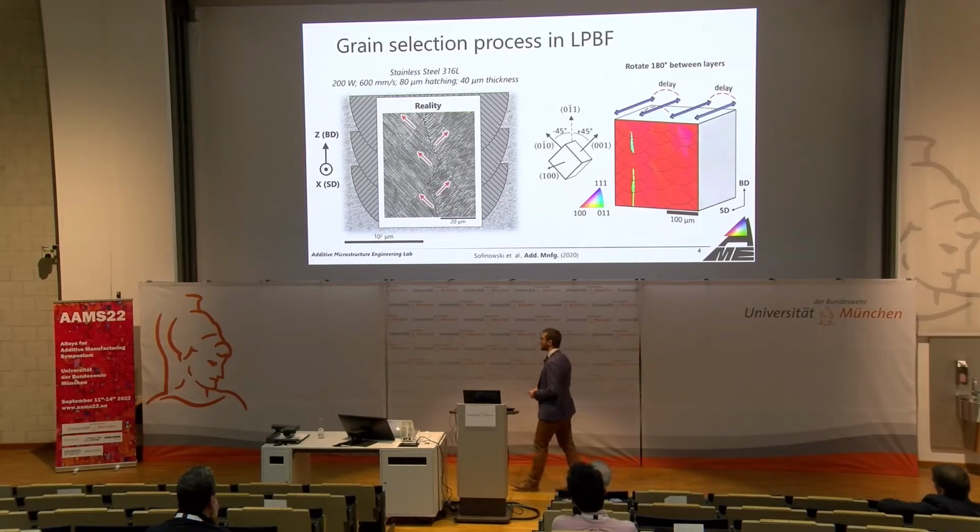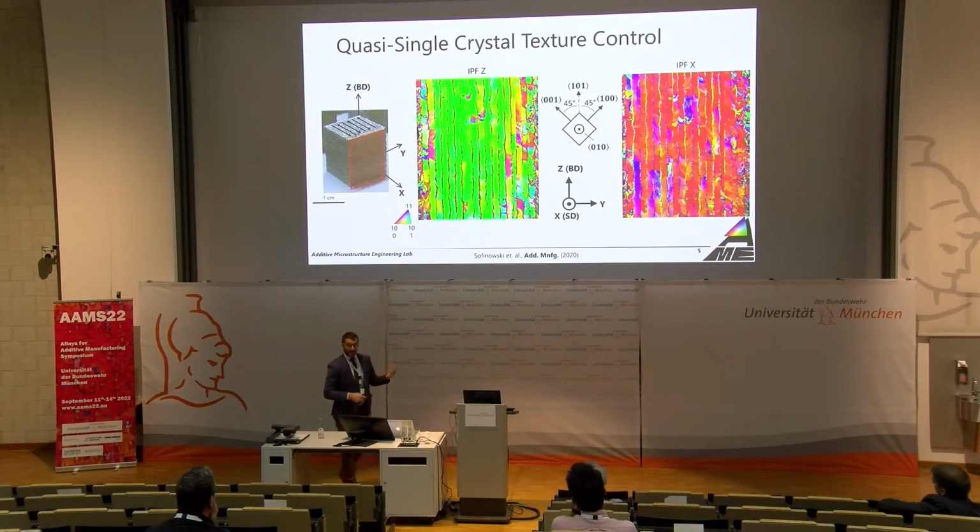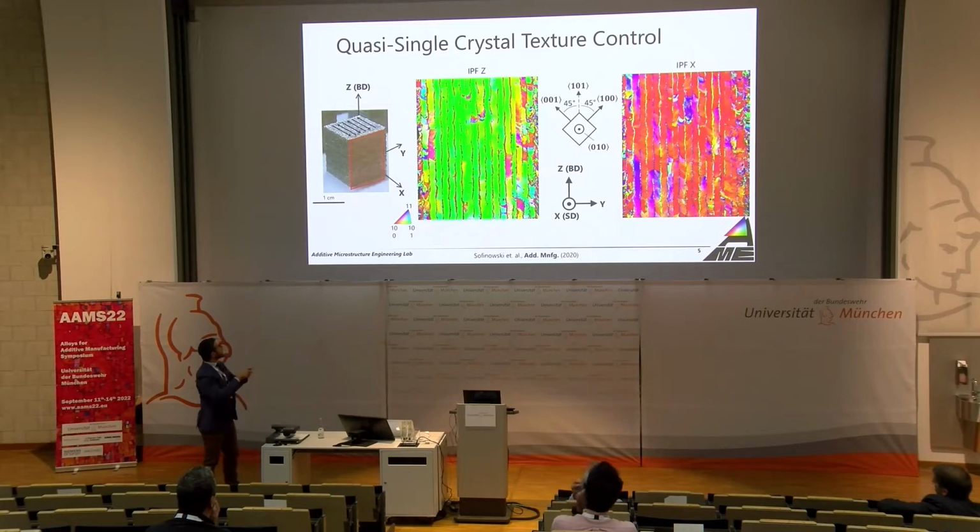So basically what I'm telling you is that if you keep the laser scan direction constant and you stack melt pools together on top of one another, you should be able to build a single crystal, which is what we have here. Although this is arguably not a perfect single crystal, this is a quasi-single crystal because there are some pockets of grains that don't really follow the same grain orientation I mentioned.